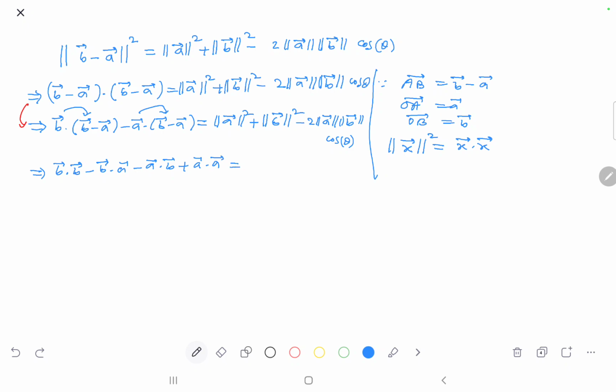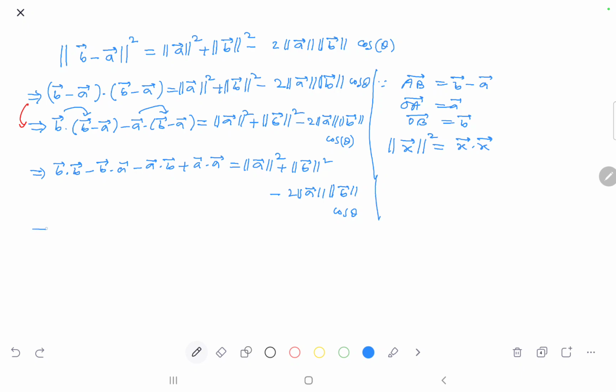So this will be what? A absolute magnitude square plus B vector magnitude square minus 2 of A vector B vector cosine of theta.